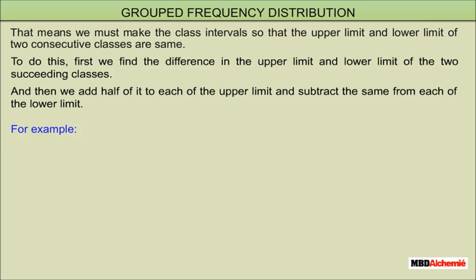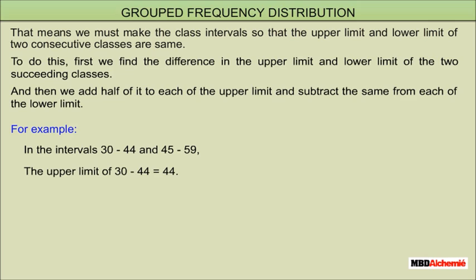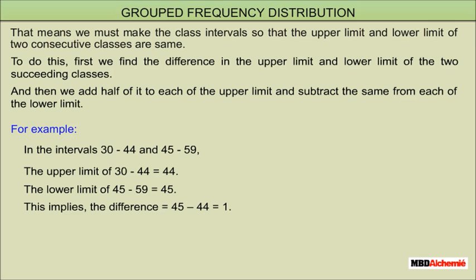For example, in the intervals 30 to 44 and 45 to 59, the upper limit of 30 to 44 is 44 and the lower limit of 45 to 59 is 45. This implies the difference is 45 minus 44, that is 1, and so the half of the difference is 0.5.